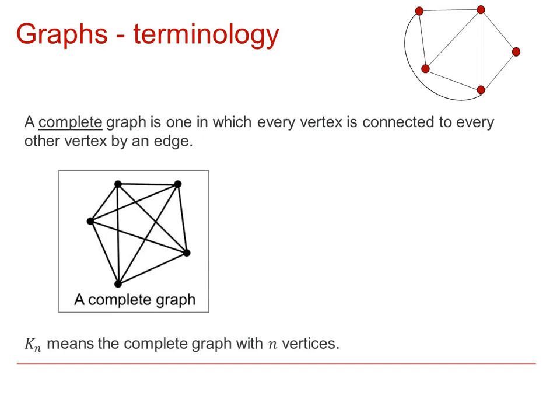A complete graph is one where every vertex is connected to every other vertex by an edge. It's also simple, so there are no loops in there, so we can see that there we've got the complete graph. Each is a direct connection to every other one.